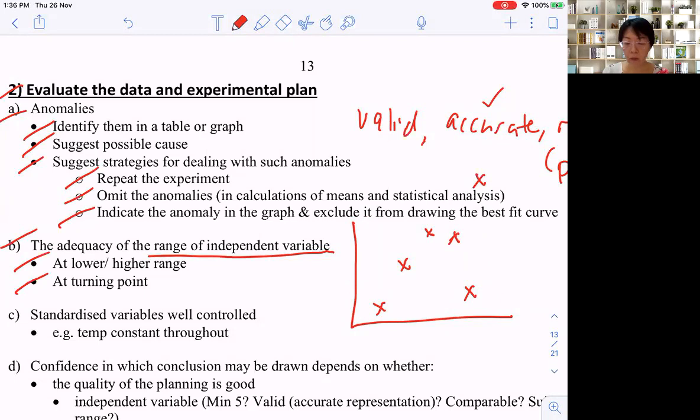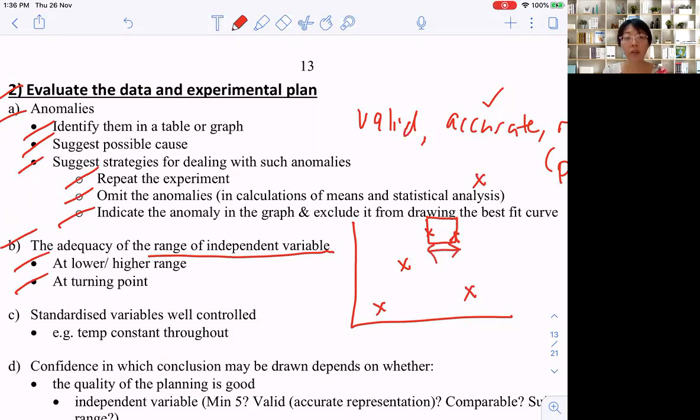It can be anywhere between here and here, but exactly where, I don't know. So after the first experiment, I get my data already, and I have to repeat the experiment again. I do my second experiment, whereby I will increase the number of different temperatures within these two temperatures.